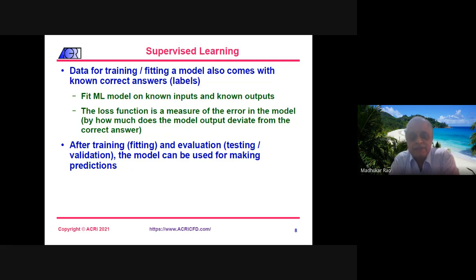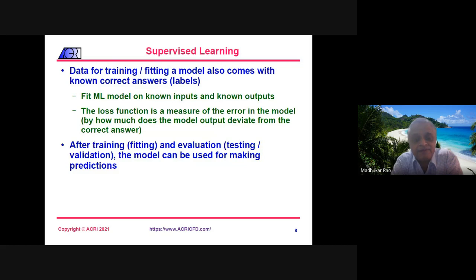So if the neural network or machine learning model spits out the wrong output, you can quantify the error by means of your cost function. So supervised learning fits the machine learning model on known inputs and known outputs. And the loss function is typically a measure of the error in the model. By how much does the model output deviate from the correct answer? And you try to minimize the error by changing the model parameters.